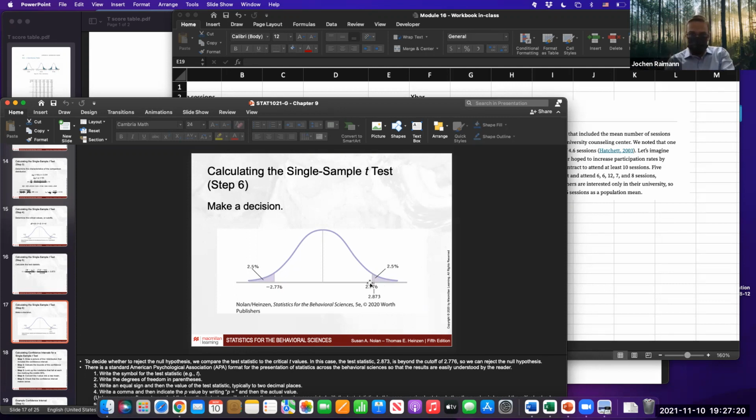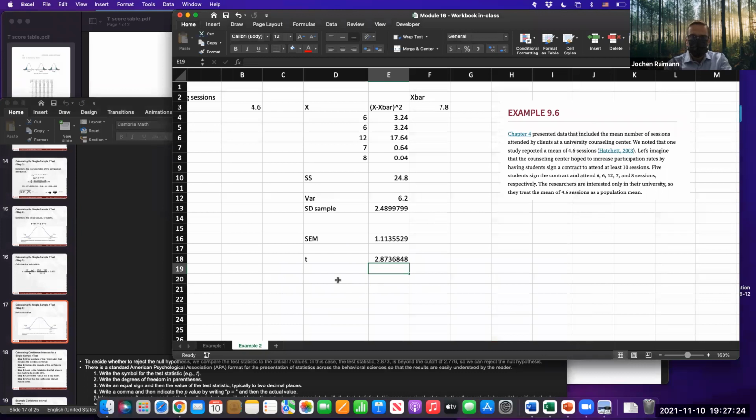Now we're calculating the lower limit as x bar minus 2.78 multiplied by the standard error of the mean, and the upper limit as x bar plus 2.78 multiplied by the standard error of the mean.